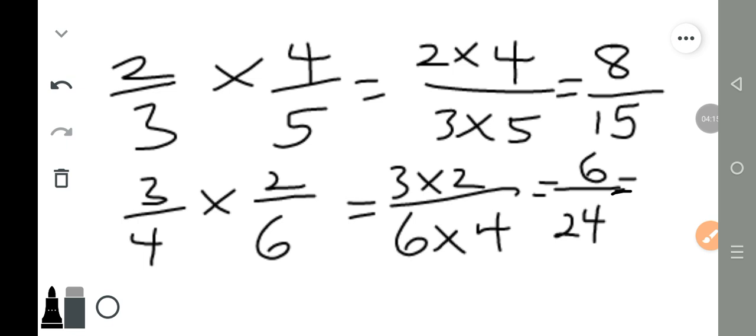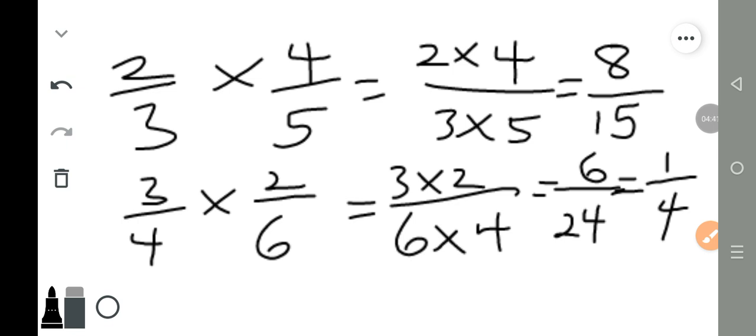And if we further simplify, the HCF of 6 and 24 is 6. So 6 in 6, 1. 6 in 24 is what? 4. That's your final answer. 1 all over 4. So it's not that hard. It just takes practice, continuous practice.